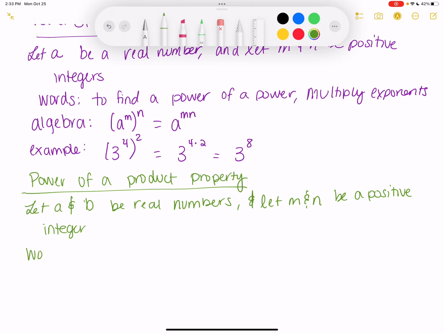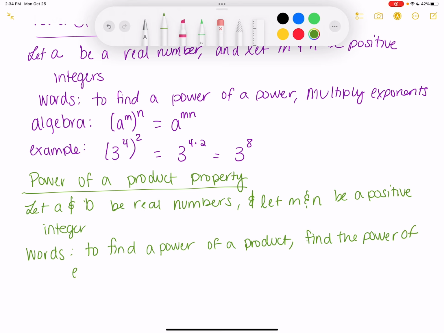Then in words, we have to find a power of a product. Find the power of each factor and multiply.